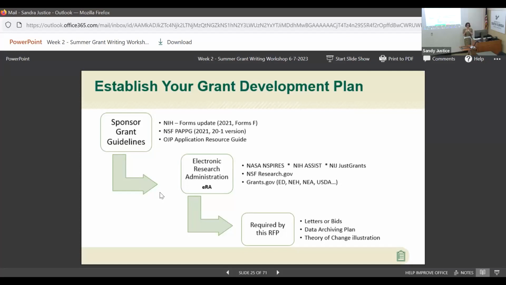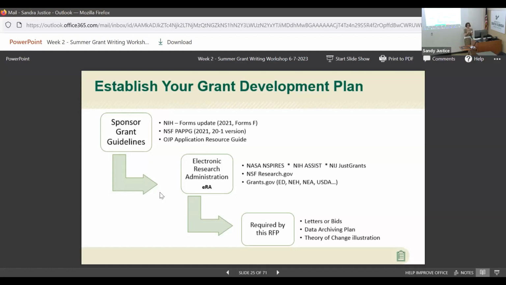All the sponsors are going to have a system that you're going to apply to. The University of South Florida oversees a portfolio of over $600 million a year. And across that portfolio are 200 or more systems that our sponsor research administrators have to be in to submit and to manage the money.